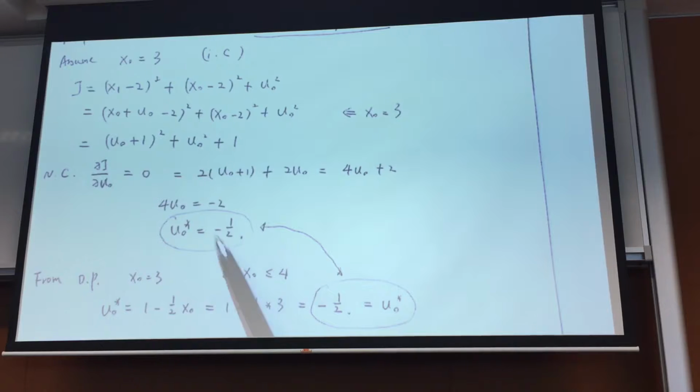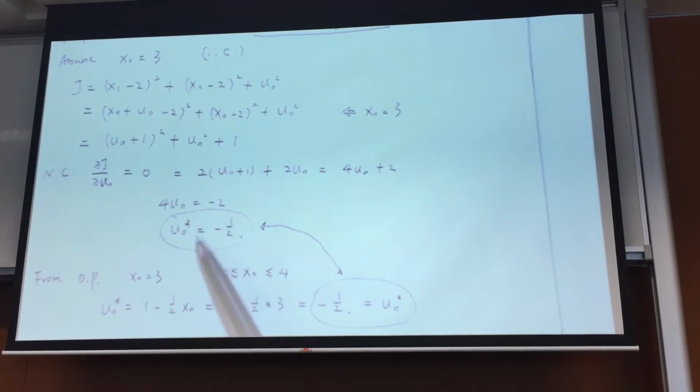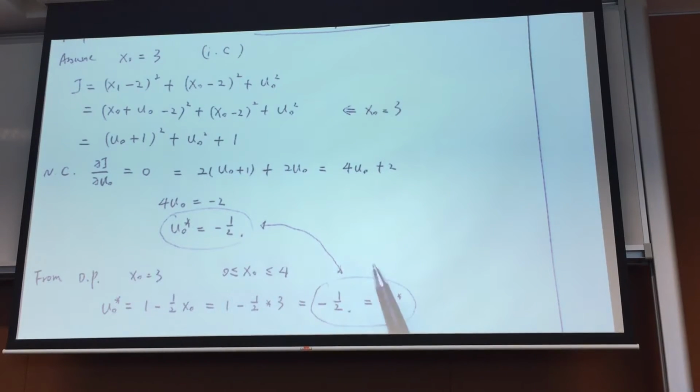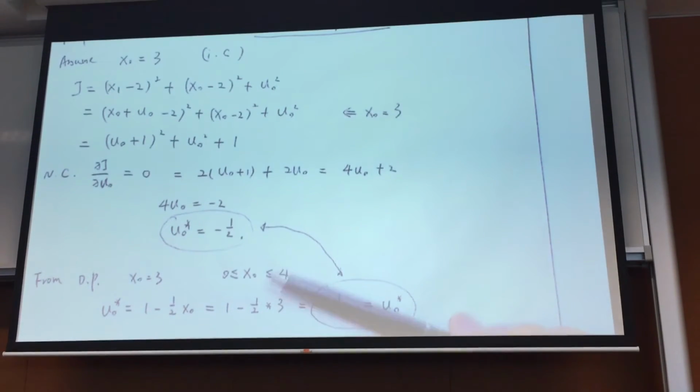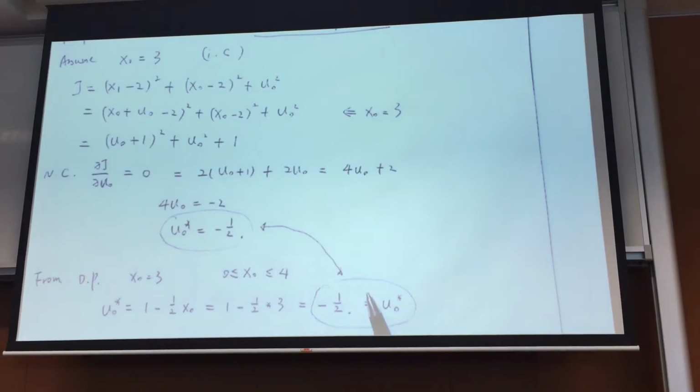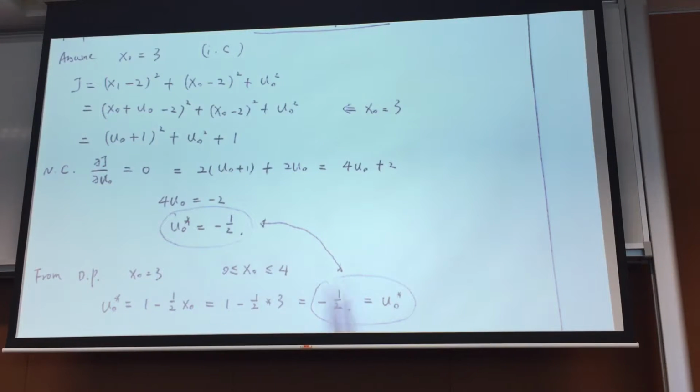From this simple verification, we can show that we actually get the same solution by using different methods. And dynamic programming is just another optimization tool to tackle the same problem, but by different methods.